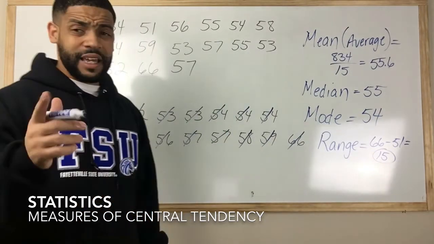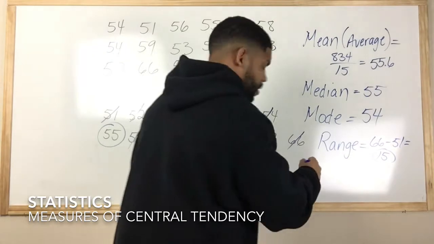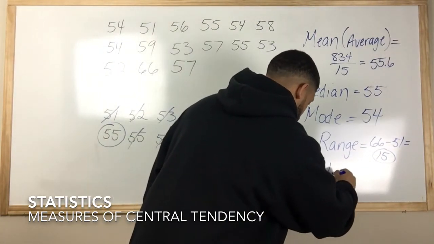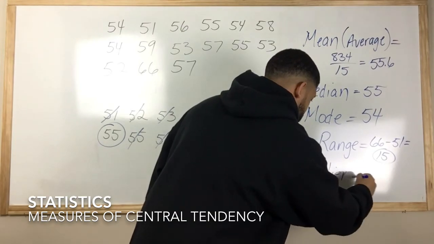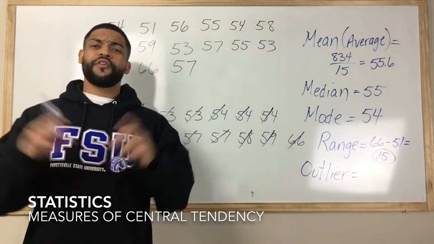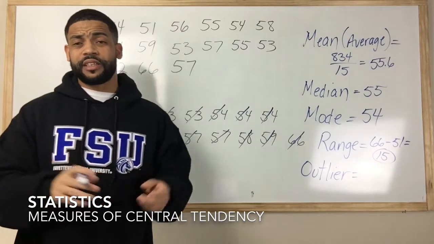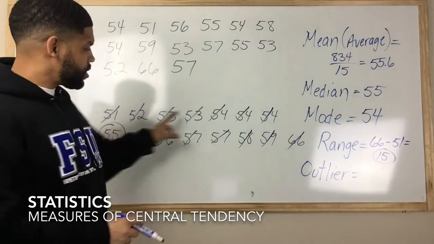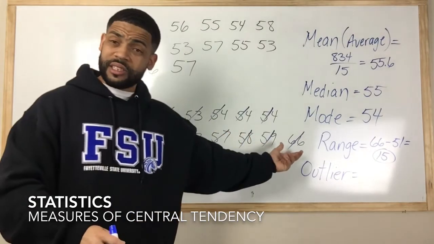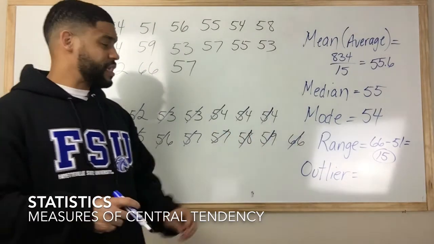One last measure that we can talk about is the outlier. An outlier is a number that's far off from the rest of the elements of the data set. In this case, all of these numbers are within the 50s, then we have 66, so 66 would be an outlier.